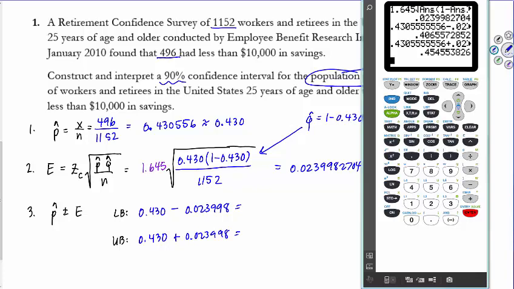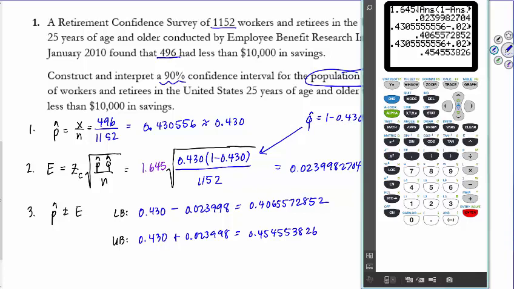And then in the calculator I've done it more accurately, way more decimal places than I wrote down, but it helps me track my numbers. 0.40655572852 and 0.45455386.